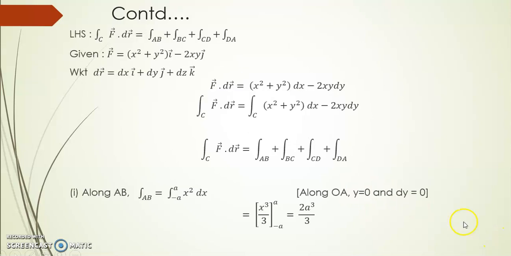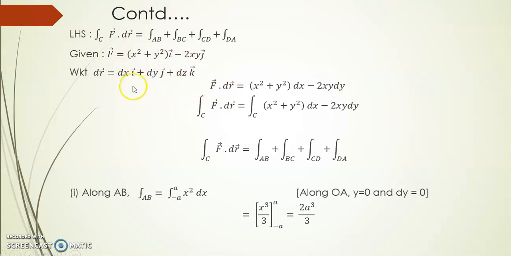As I told you, there are 4 lines. I have randomly named them A, B, C, D. So 4 lines I have taken accordingly. F vector dot dr vector is the statement of your line integral. You know what dr vector is: dr vector is dx i vector plus dy j vector plus dz k vector.